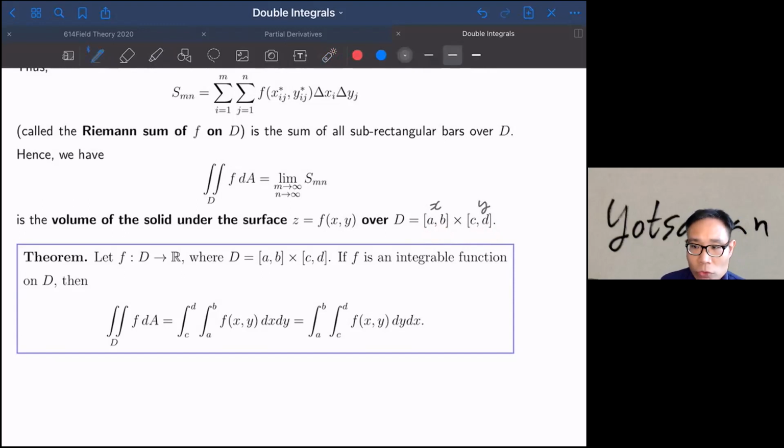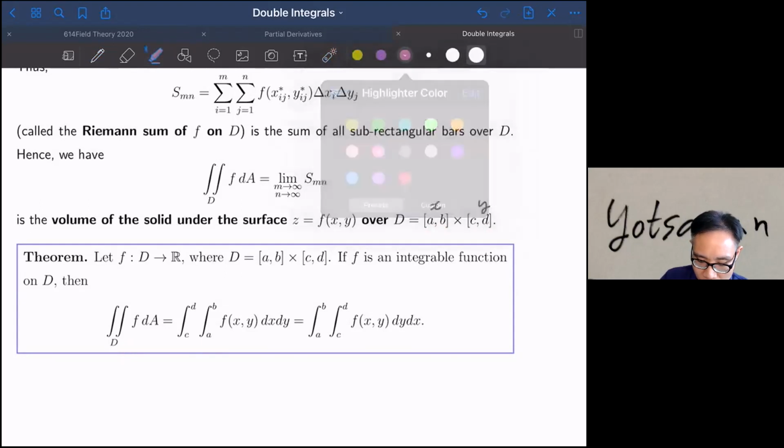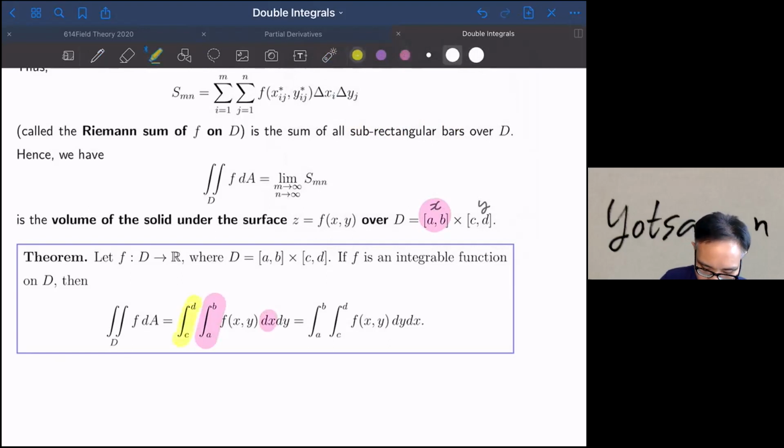And when you'd like to compute the double integral, it's going to be kind of the same idea as the partial derivative. You're going to transform the double integral over D into something involving x and y. Let me use some color here. So you have x from a to b, which will be my x, and y from c to d, which will be my y.